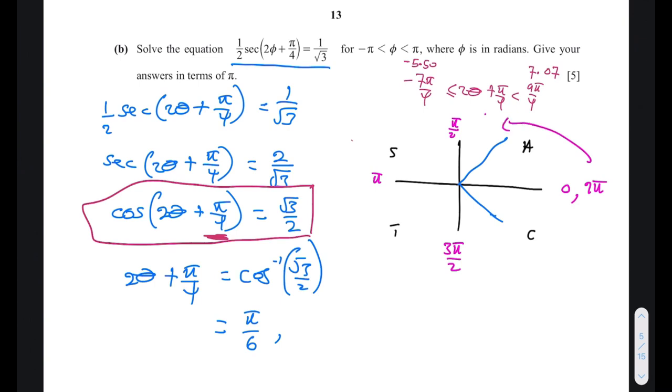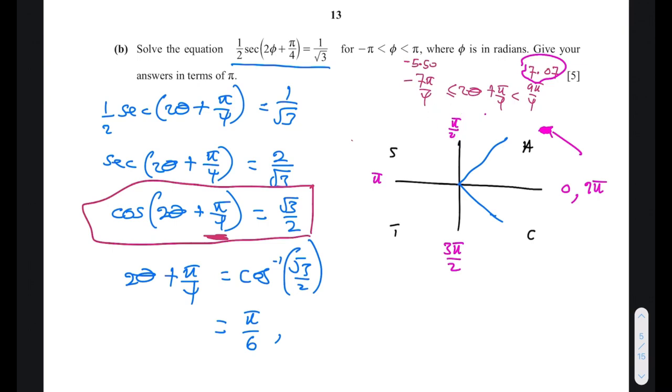If we add pi on 2 to 2 pi, that's 5 pi on 2, which is 7.85, and that is way more than what we are looking for. So our argument comes all the way to here, and ends here. We go round, and we end here. We don't go all the way to this value.